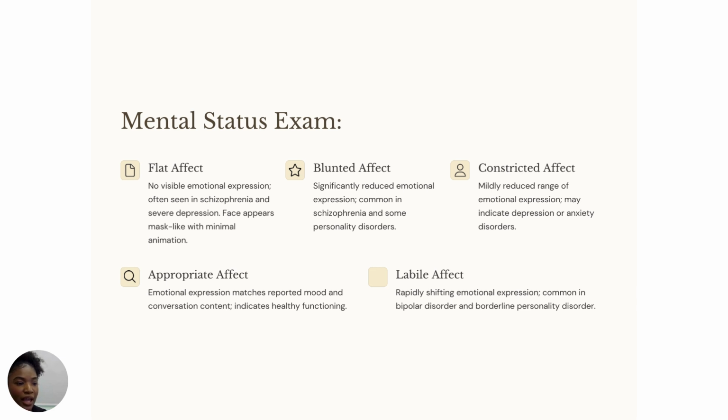An appropriate affect is emotional expression that's rooted in the conversation and content, so that indicates they're functioning at a healthy mental level. And labile affect is how they shift their emotions, and it's common in bipolar disorder or borderline personality. One moment they're all the way up, and the next moment they're down. So it's just one extreme or the next.